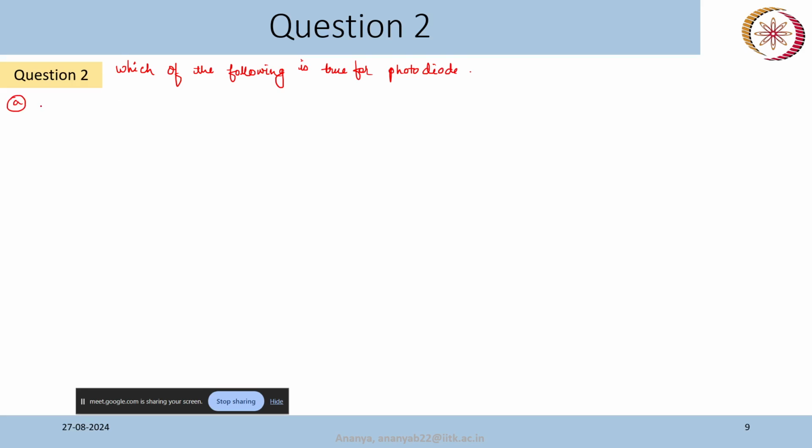First option is the wavelength of light must be greater than the cutoff wavelength.